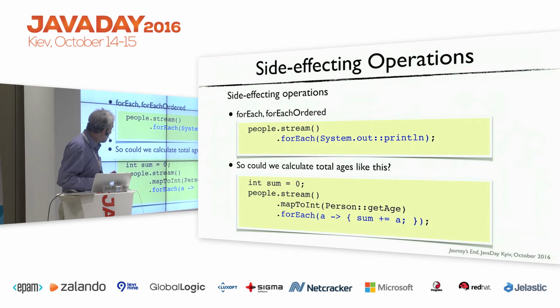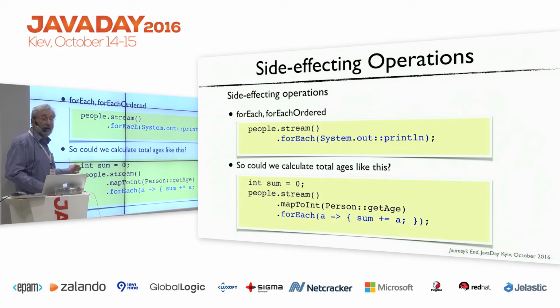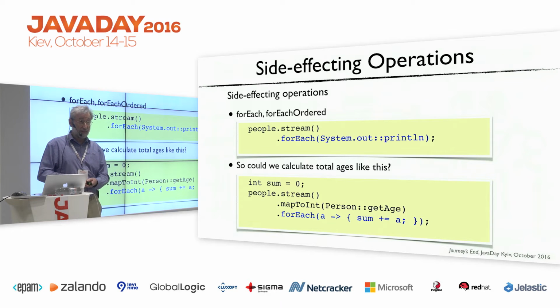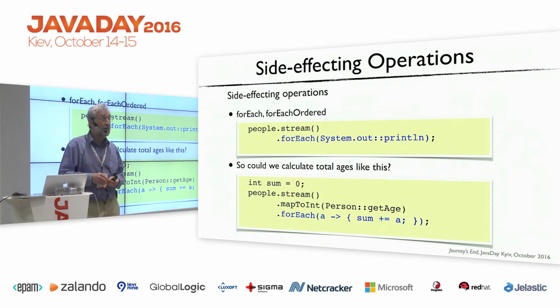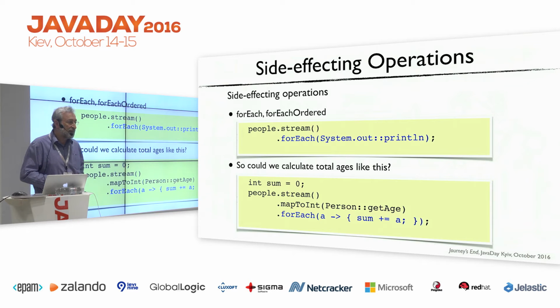can't do it. Well, you can't do it as it stands here, because the rules for lambdas are that variables that you're going to assign to have to be local variables that are used within a lambda, and they have to be what's called effectively final. Effectively final really means the same thing as final.